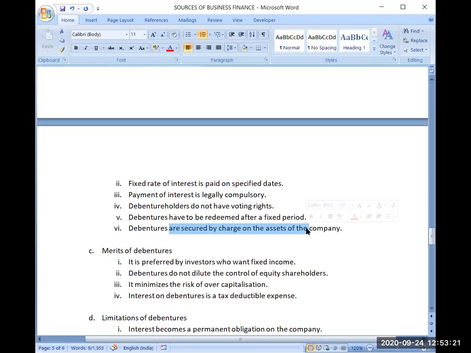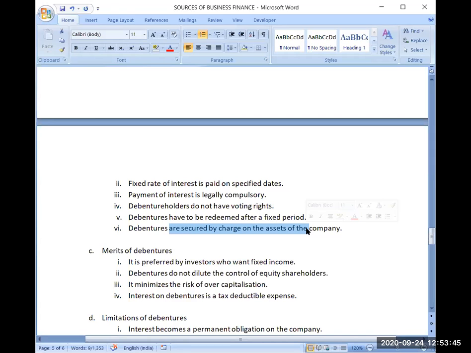If somehow you are not able to pay the amount on the due date, then the person who has given you loan has the right on the security provided, and he can sell the assets which you have given as security to recover the amount given by him as loan to you.